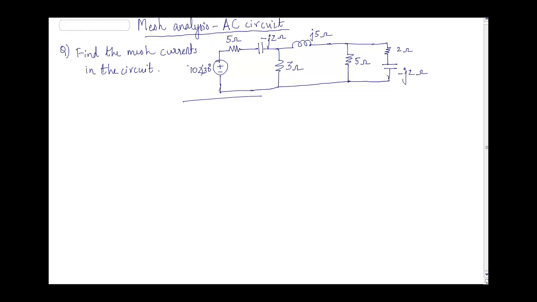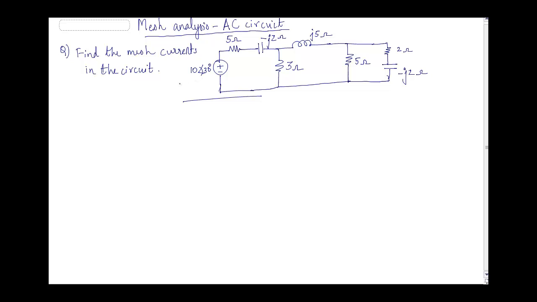So here we are having a circuit for doing the mesh analysis to find out the mesh currents in each one of this one. As you can see, this is an AC circuit because of AC components like capacitor and inductor, and also the voltage source is sinusoidal in nature.